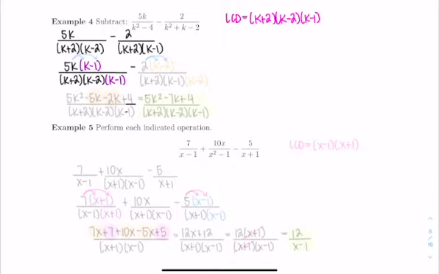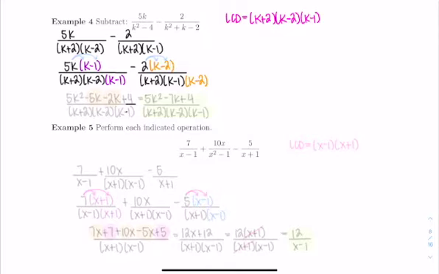For the second one, I have k plus 2, I have k minus 1, and so the piece that I'm missing is the k minus 2. And what I do to the bottom, I have to do to the top.